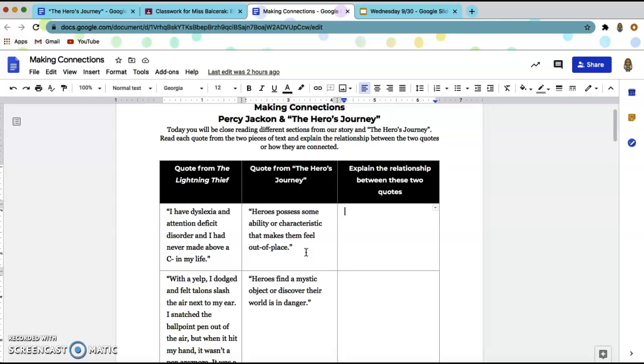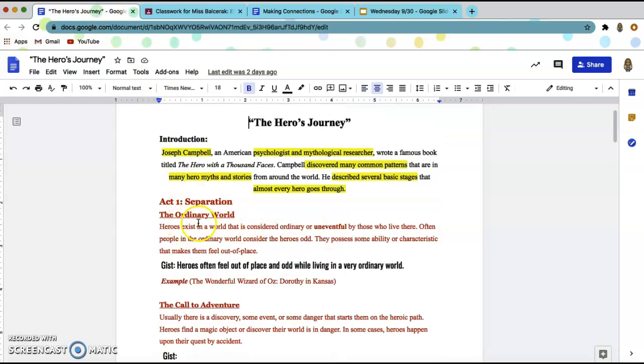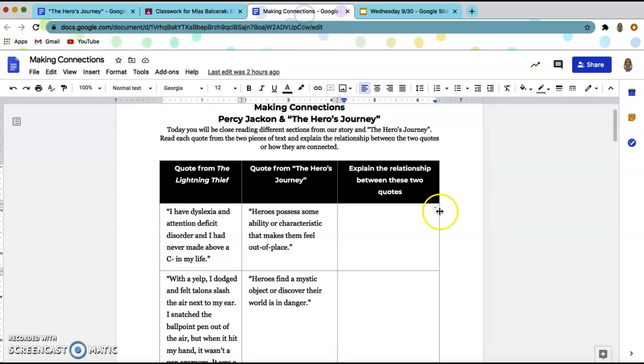So for the relationship between these two quotes, I'm going to say that Percy directly embodies this part of the hero's journey about feeling weird in this ordinary world, or feeling as though he doesn't belong. So the relationship would be that these quotes are related because Percy has characteristics.